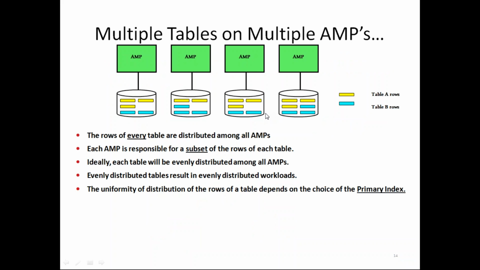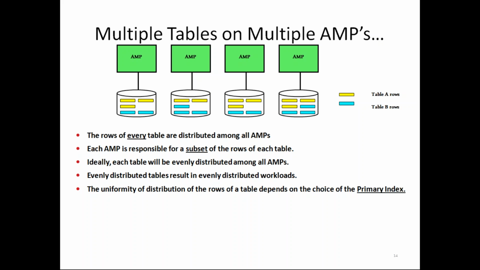Okay. And how these tables are distributed in the Teradata components. So multiple tables on multiple amps. Okay. We keep on telling the data should be distributed across all the available disks parallelly, so that all the amps can process the data within their associated virtual disk and can get the data back in parallel.